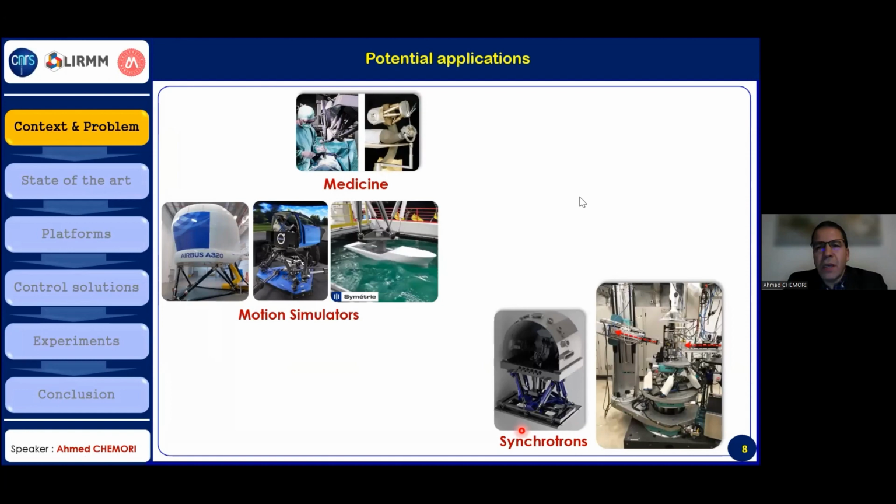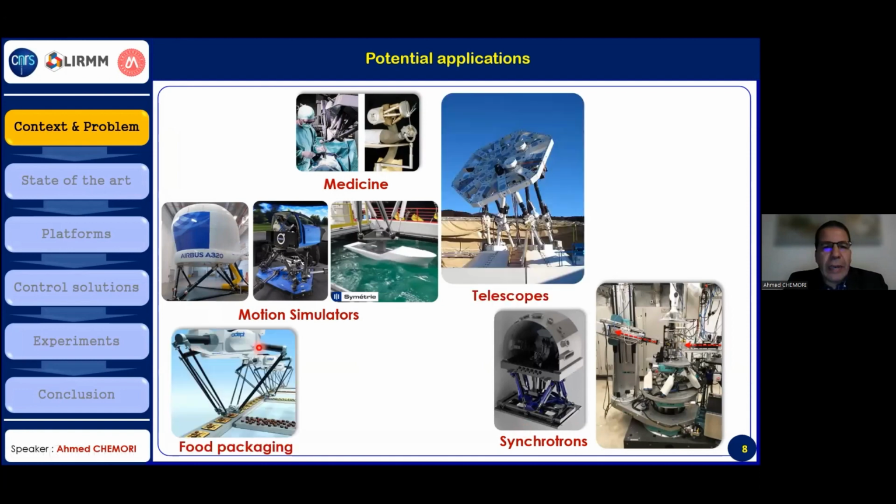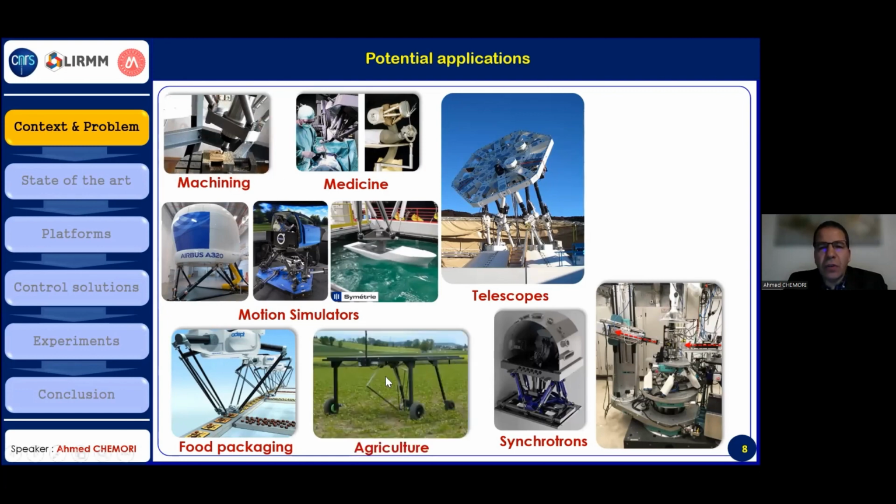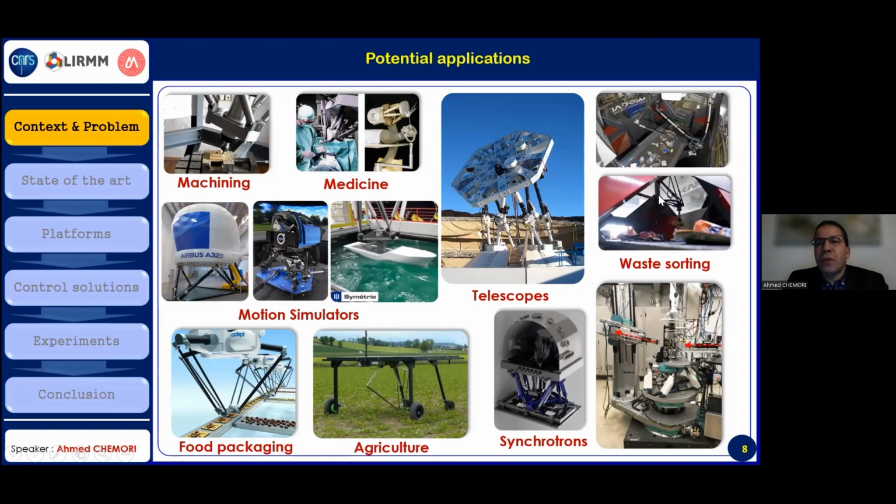We have applications using lightweight parallel robots for food packaging, many applications in machining tasks for industry, and agricultural applications too. The last one is waste sorting, where parallel robots are also used. These are just some examples to show you where these kinds of robots are used nowadays.